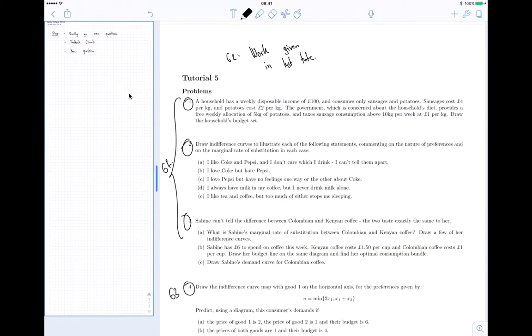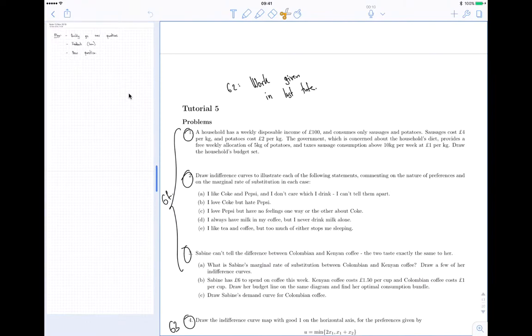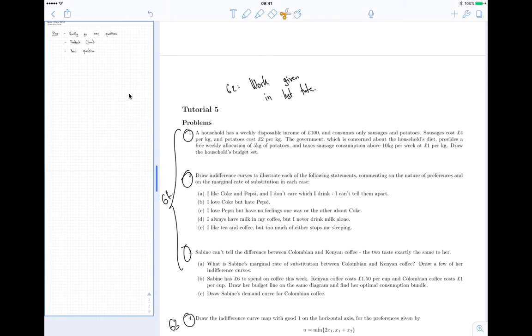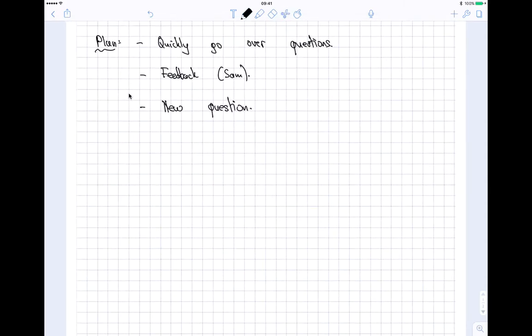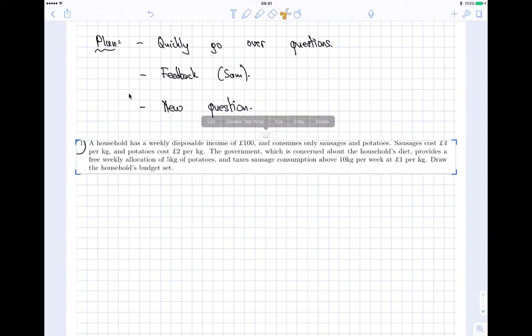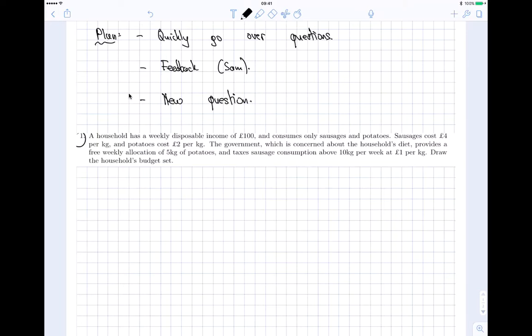Okay, so let's start with this first one here. A household has a weekly disposable income of 100, and consumes only sausages and potatoes, X and Y. Sausages cost PX is 4, PY is 2.